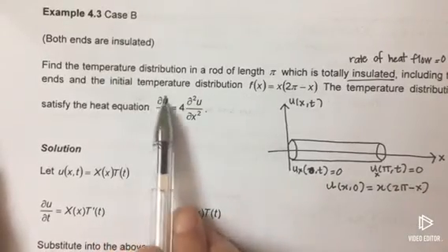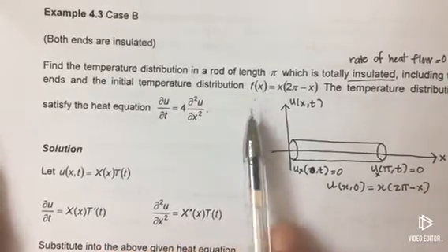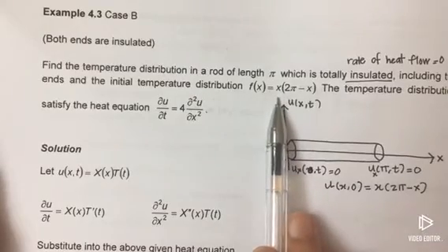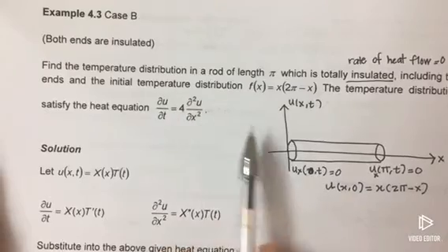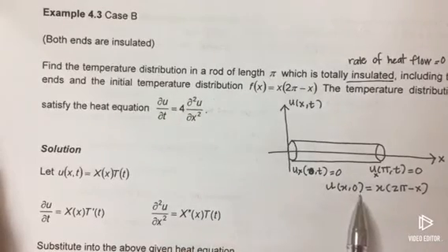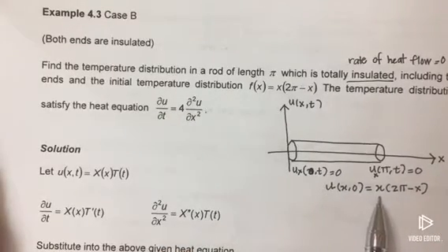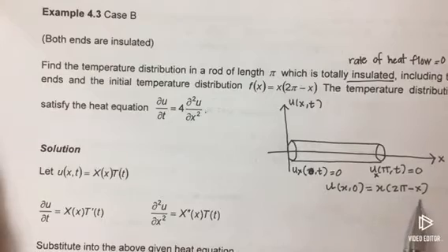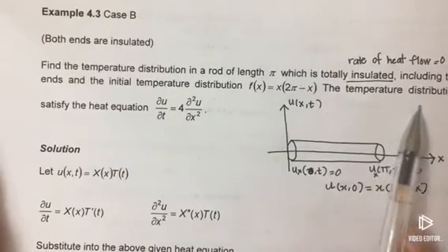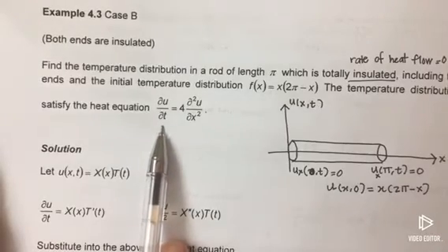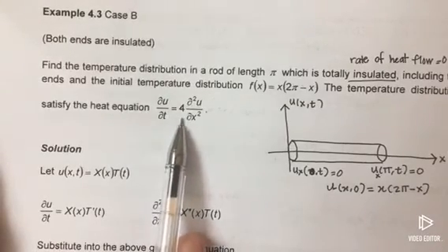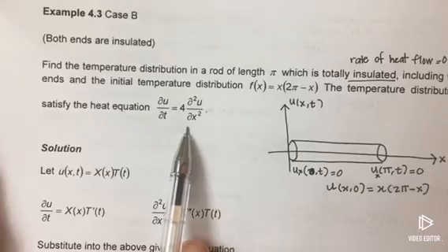The initial temperature distribution F(x) equal to x times (2 pi minus x). At t equal to 0, F(x) equal to x times (2 pi minus x). The temperature distribution satisfies the heat equation del U del t equal to 4 del squared U del x squared.